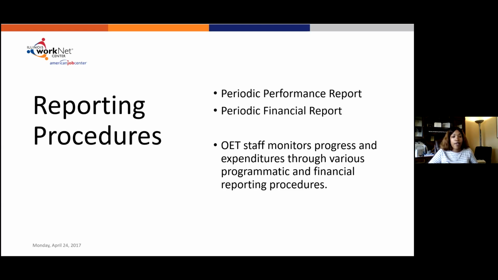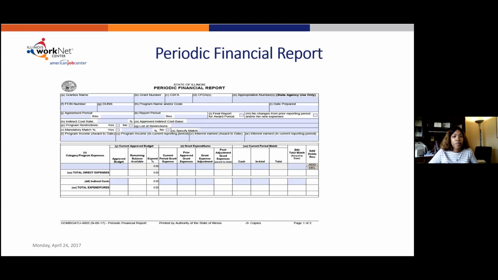And I do have an example of the financial report on the next slide. In the periodic financial report, it does come with a set of instructions, but I wanted you to see the items that you will be filling out.